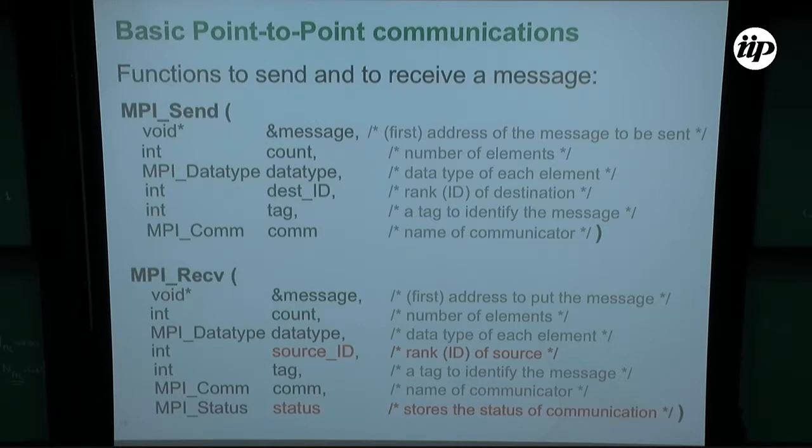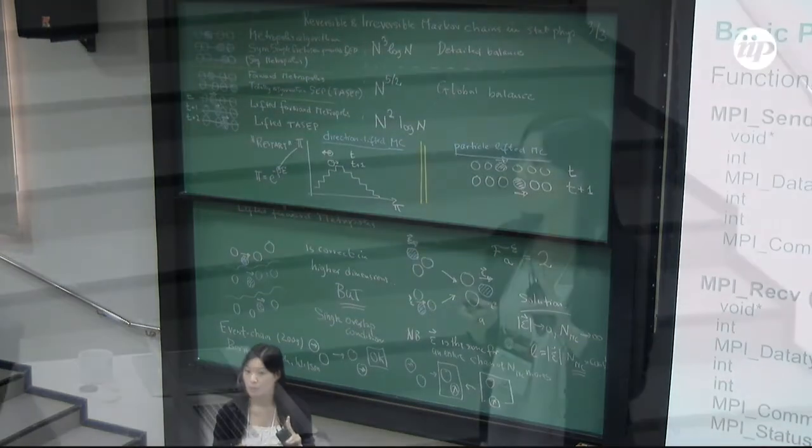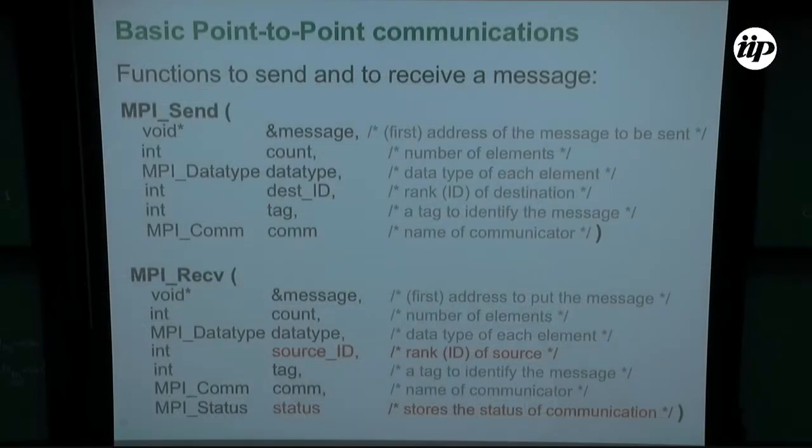Because sometimes you might want to send two messages to the same processor, but these two messages are different. It always happens. For example, you might want to email a person on two different subjects, right? If you write an email, you specify different subject lines, and then you send two emails. This is the same here. The tag specifies what kind of message I'm talking about.